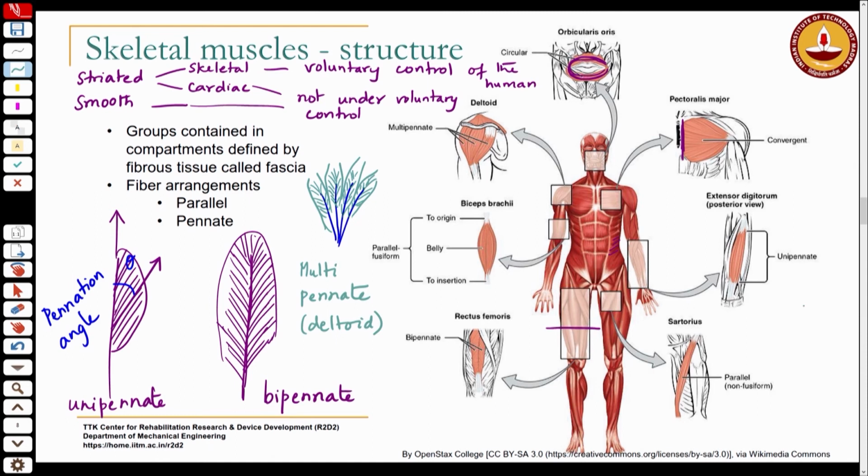Here is how it looks actually: you have the long axis of the muscle like that, but you have the fibers aligned like that. That is why it is a pennate muscle.